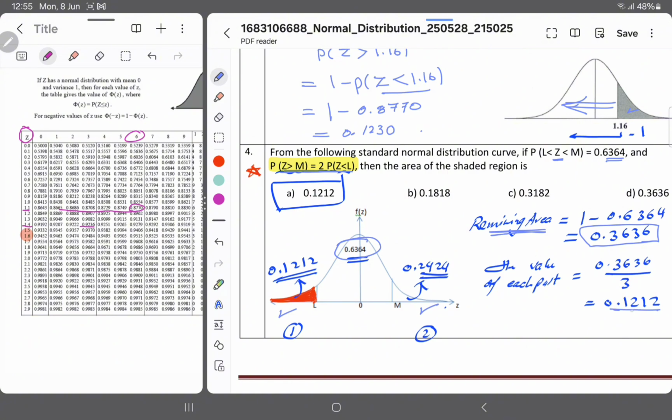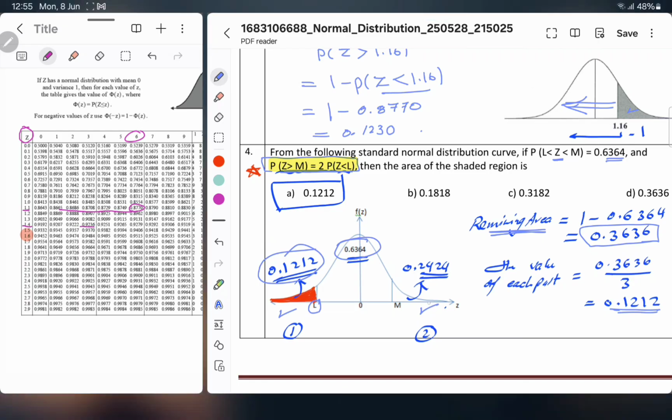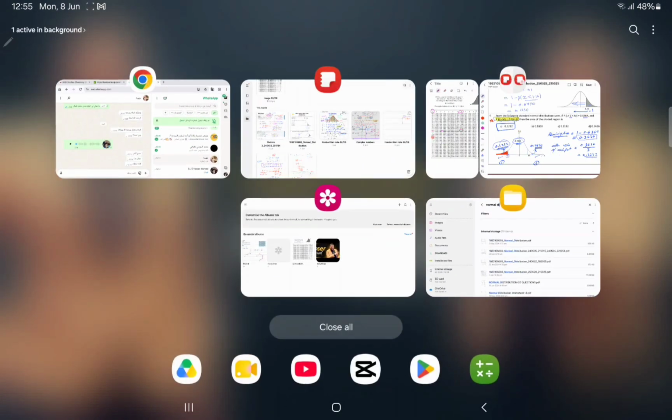So the value of each part equals 0.1212. Now we go back to that relation. He said z greater than M equals 2 times z less than L. So z less than L has one part, and z greater than L will be 2 parts.